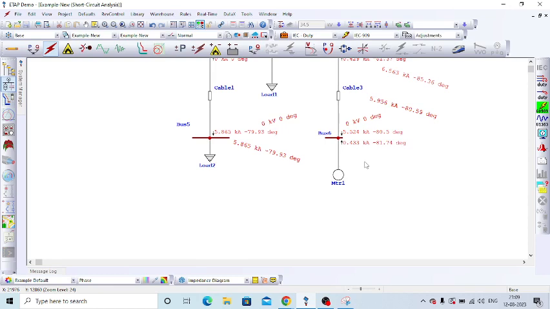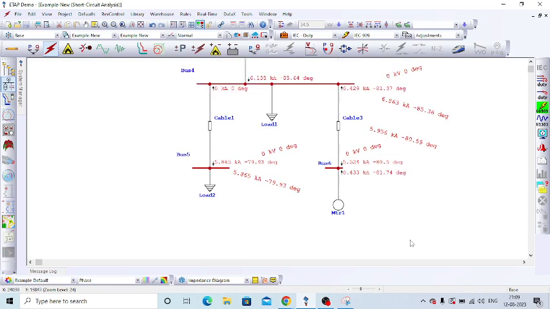So if any fault happens, those elements will not contribute any fault current to the faulted point. I hope everyone is clear with that. If you have any doubt as of now, please turn on your mic and ask me some questions. Okay, if there is no question, then I will continue further.